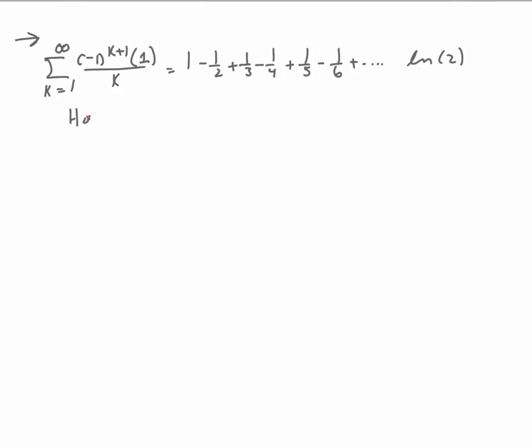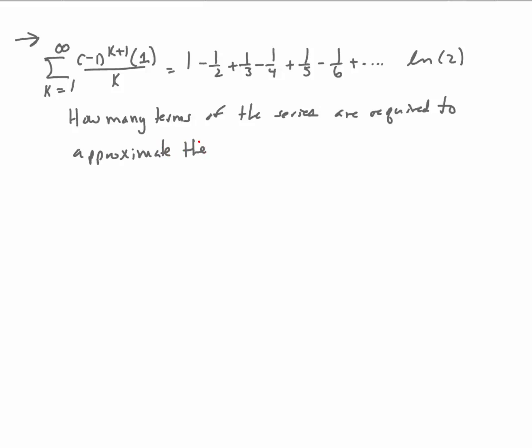How many terms from this series are required to approximate the ln of 2, and again this series is equal to the ln of 2 in its infinite form, with a very small amount of error. So with an error of 10 to the -6, let's say.